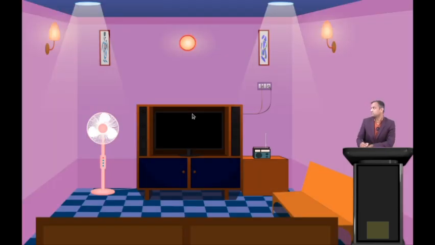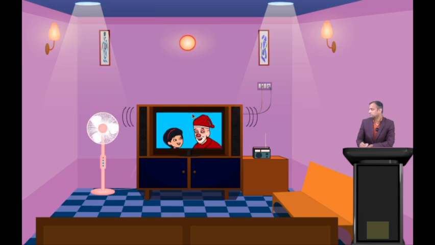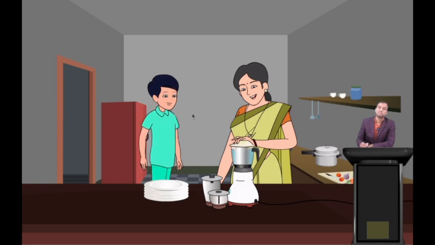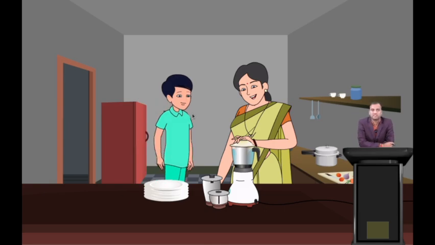Here you can see that bulbs are glowing, fans are running, and there is another TV. All appliances are working, and they take the help of electricity.